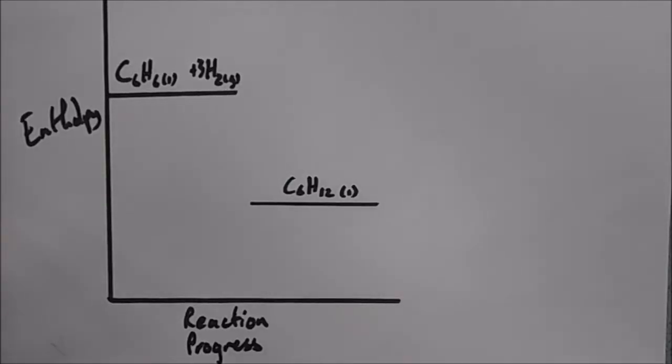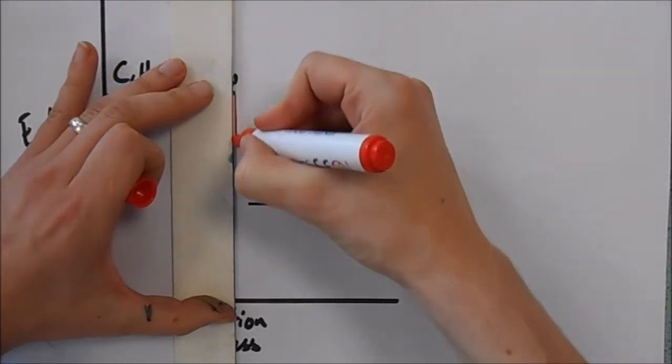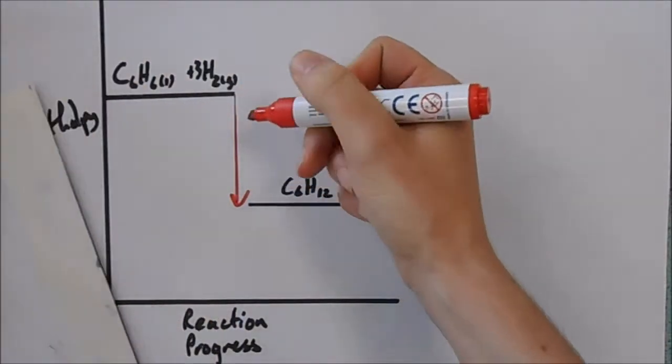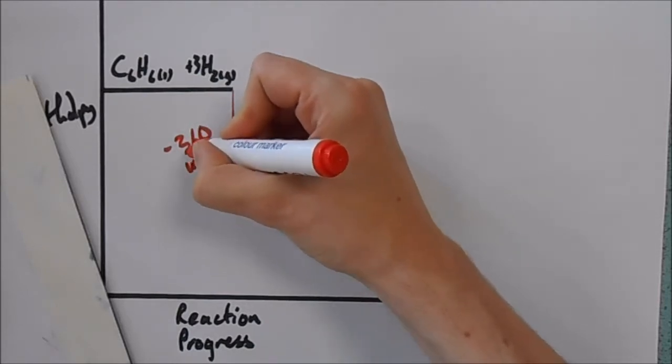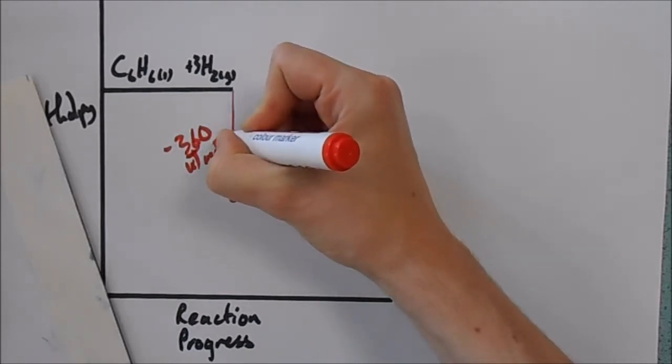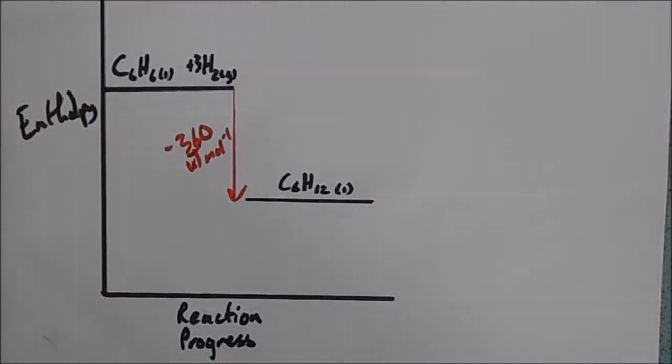So if we look at this on a diagram, we find that we have an enthalpy change which looks a little bit like this. We are predicting an enthalpy change of minus 360 kilojoules per mole. But when we actually do the experiment, we find that that's not true.